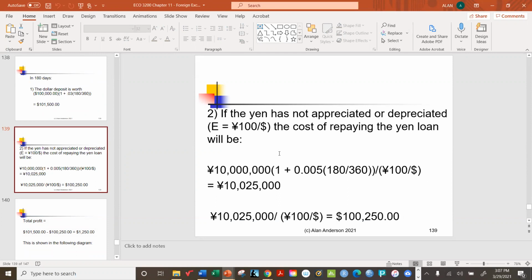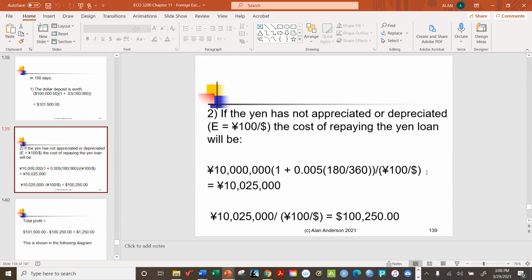of the yen loan, because the Japanese rate was 0.5% for 6 months, that would give us, or we would have to pay 10,025,000 yen to repay the loan.